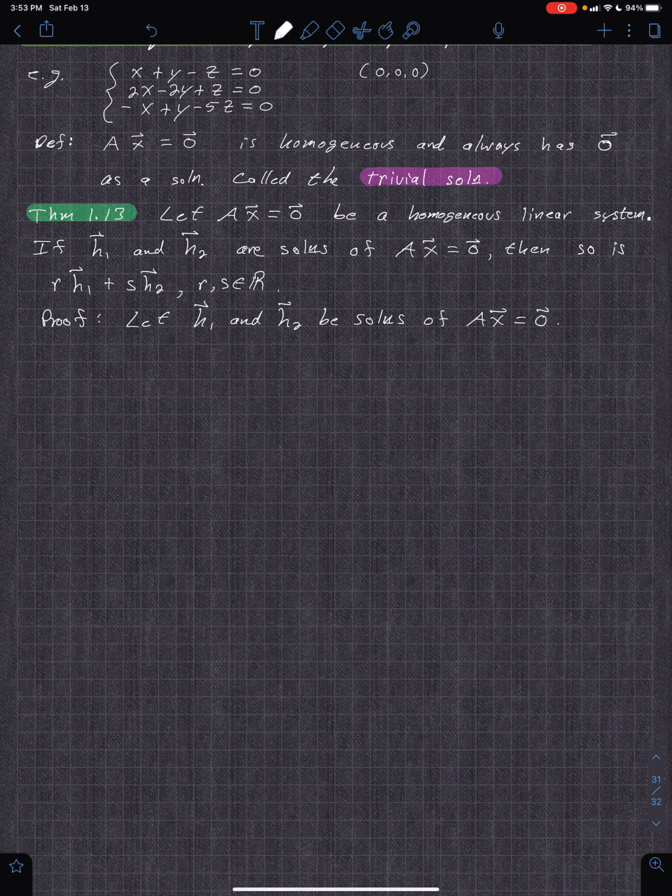And we want to show that that sum is as well. And so basically we substitute in A times RH1 plus SH2. And then we use the matrix multiplication associative property and the distributive property for matrices.